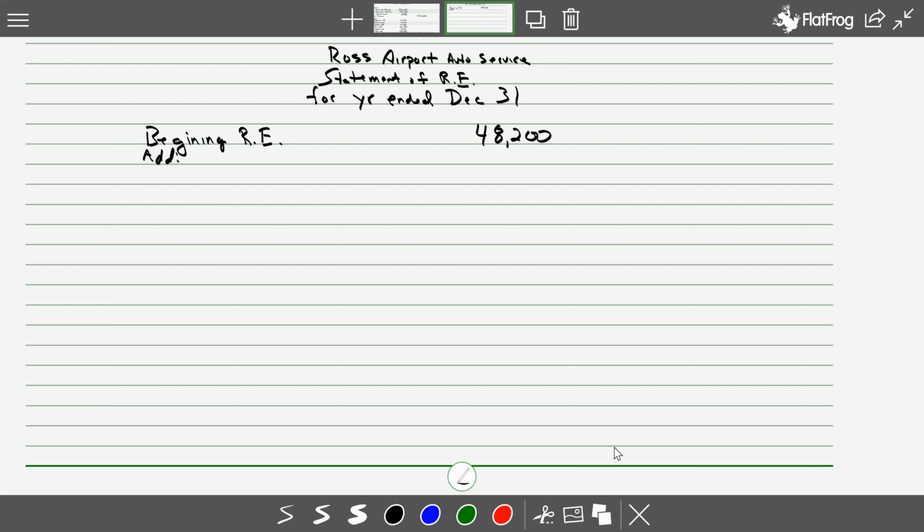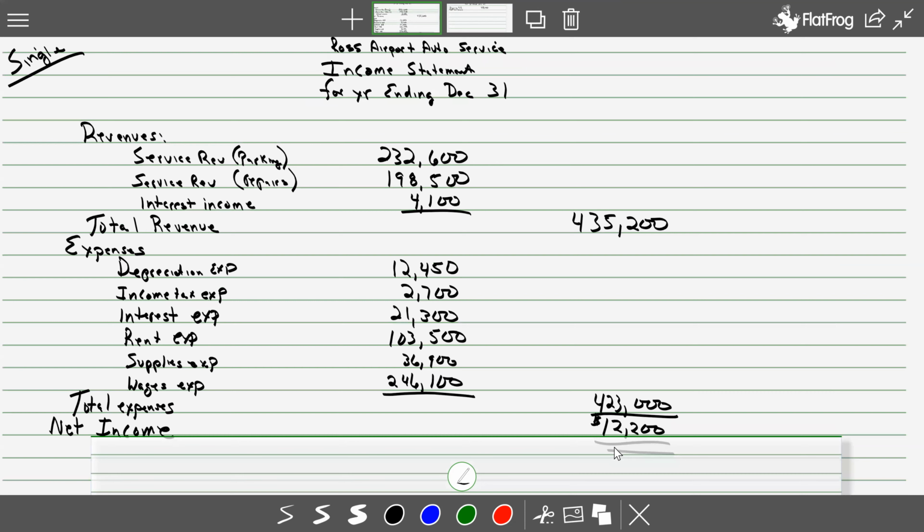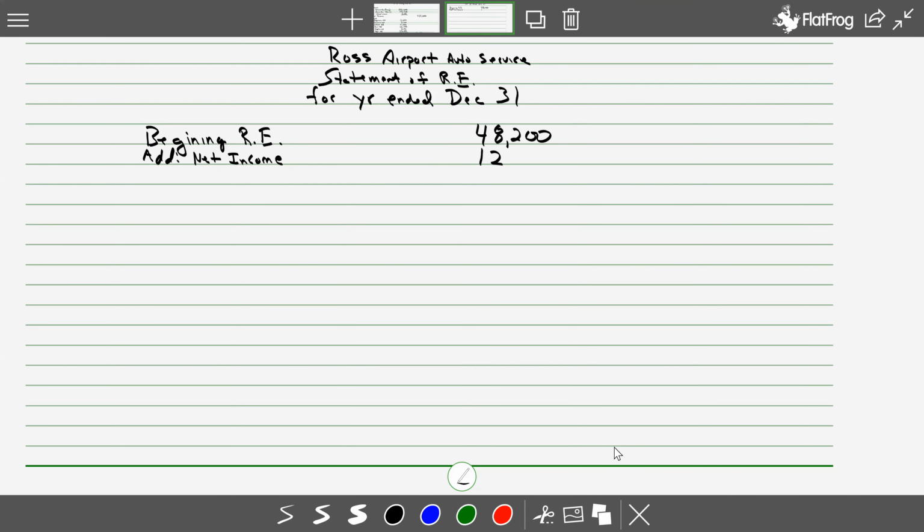To that, we need to add in the net income, which we just calculated over here on our first sheet. The net income here, 12,200. Pull that over. We need to take away from that the amount of dividends that were paid out, just over here.